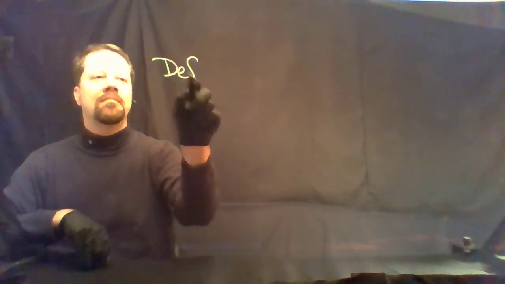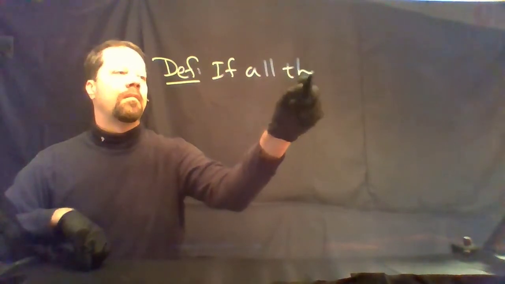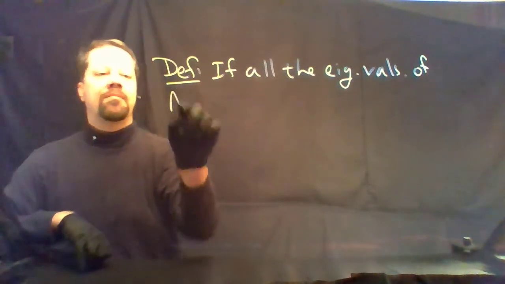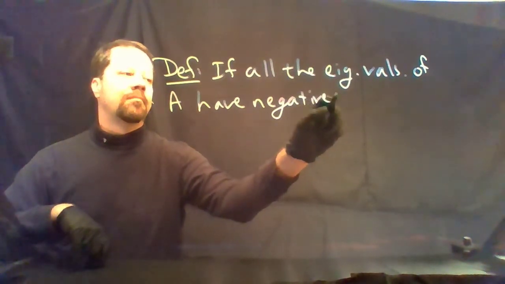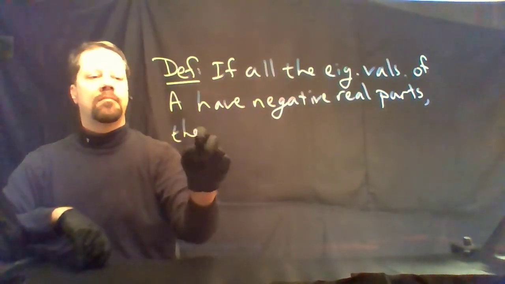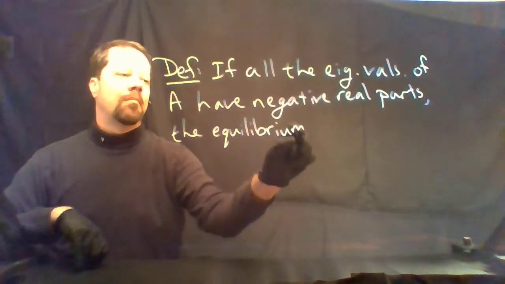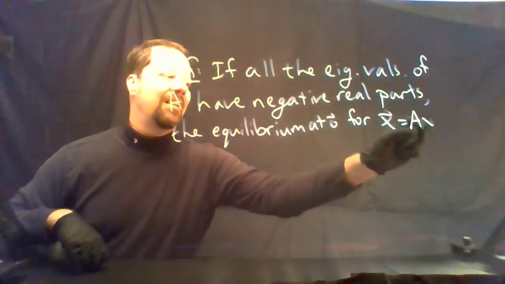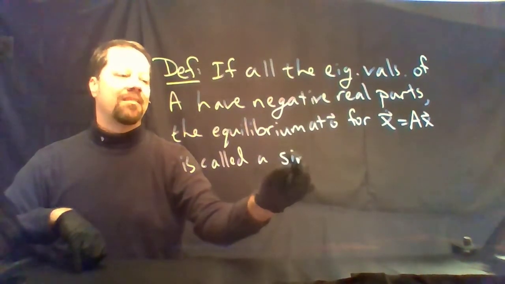Similarly, if all the eigenvalues of A have negative real parts, the equilibrium at the origin for this differential equation x dot equals Ax is called a sink.